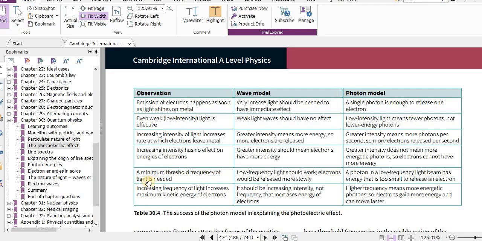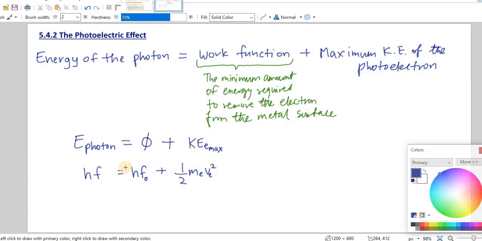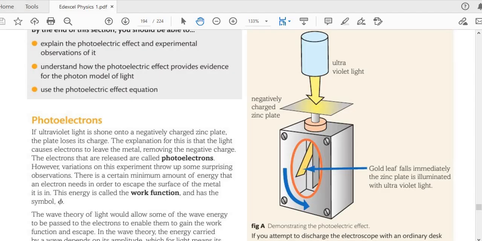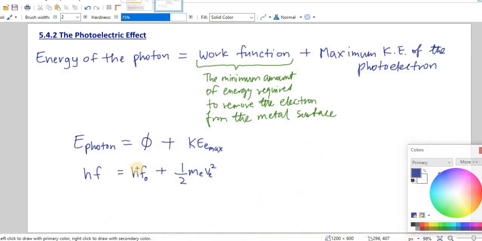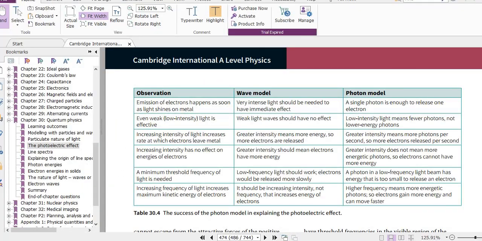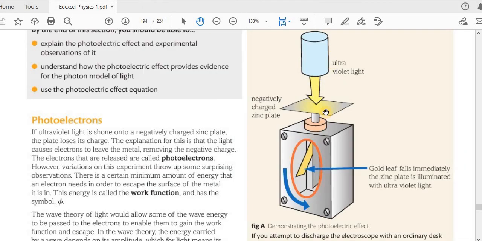Then threshold frequency of light is needed. For photoelectric emission to occur, there is a minimum amount of energy that is required, which is equal to the work function. So no matter how many photons fall on this metal surface, there will be no photoelectric emission if the frequency is less than the threshold frequency.